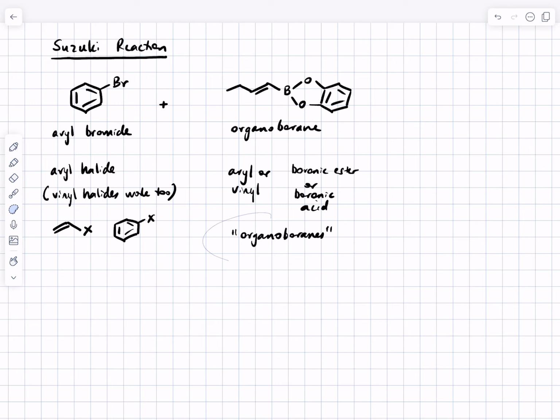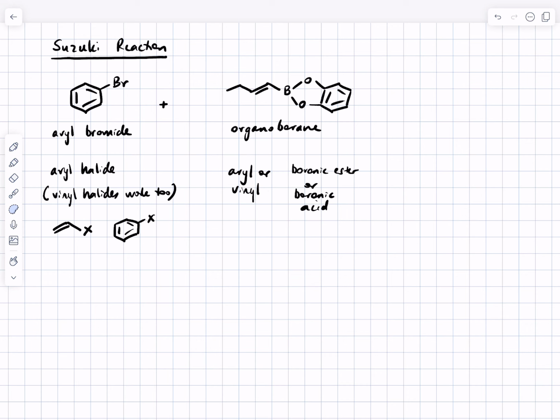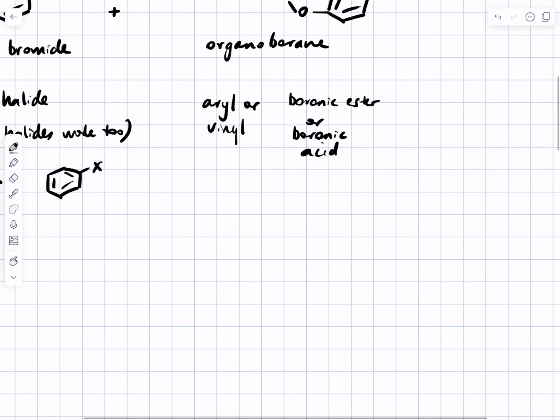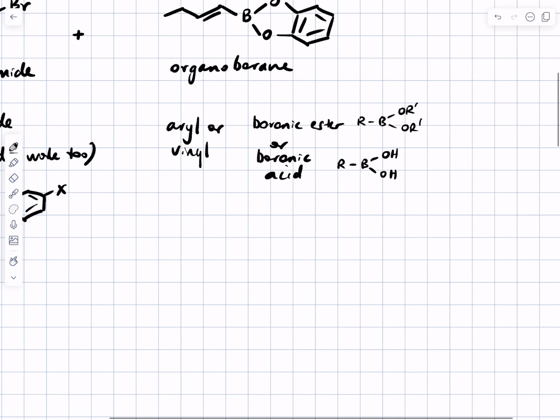In terms of substrate scope, the thing that's bonded to the boron can be either aryl or vinyl. And the other things on the boron can either be boronic acids, where the things bonded to the boron are OH groups, or a boronic ester, where the things bonded to the boron are OR groups.